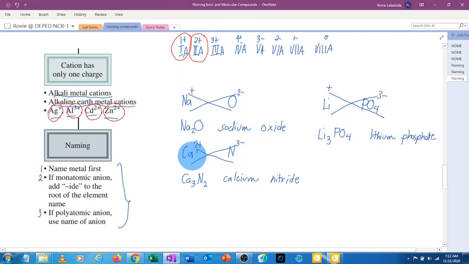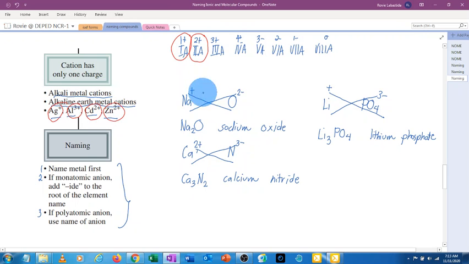Calcium ion belongs to group 2A. And lithium ion belongs to group 1A. Why? Because I use these cations because they only have one possible charge. Okay, now let me use a transition metal that has one possible charge only.